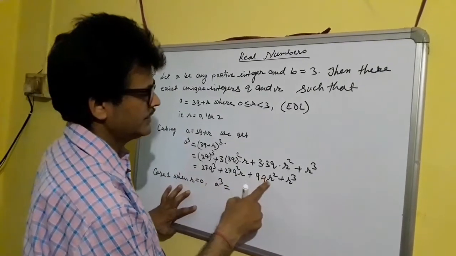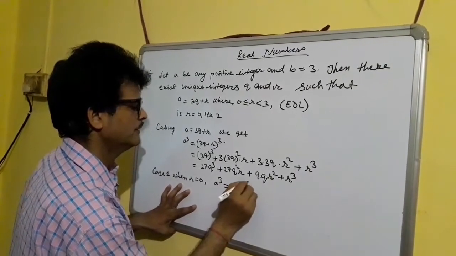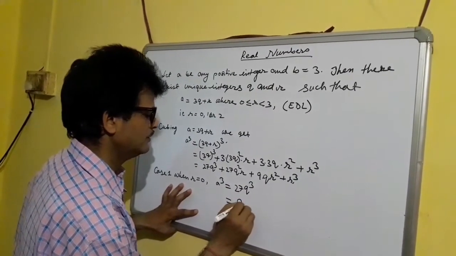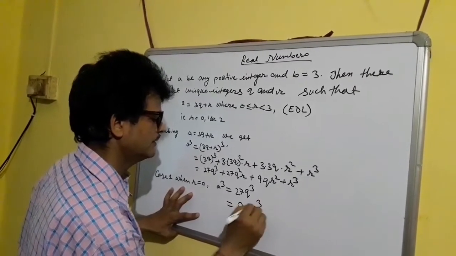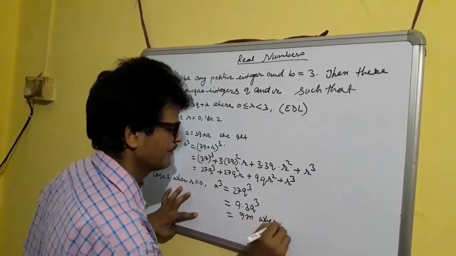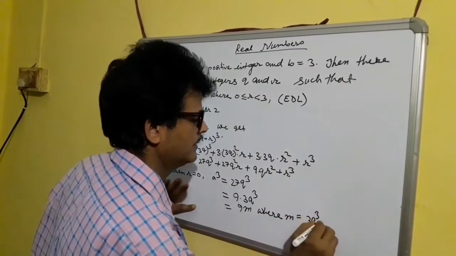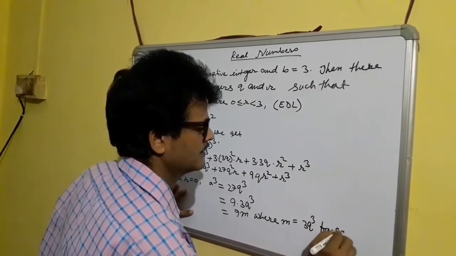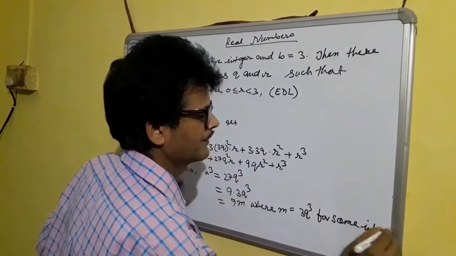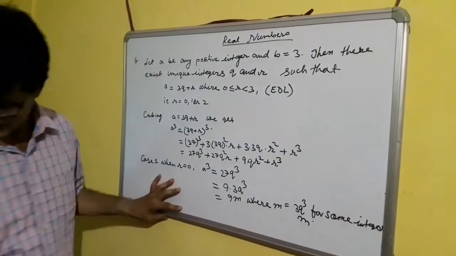This term 0, this term 0, this term 0, left is 27 q cube, which can be written as 9 into 3 q cube, which is equal to 9 m, where m is equal to thrice q cube for some integer m.